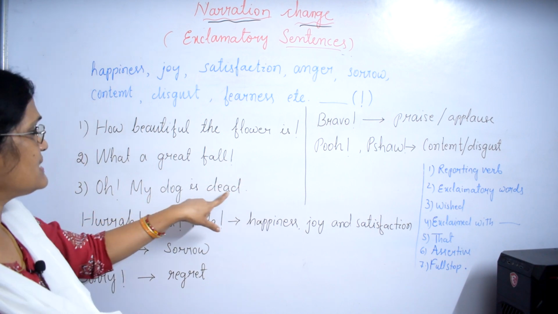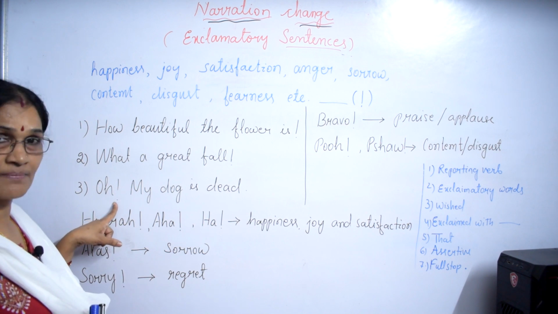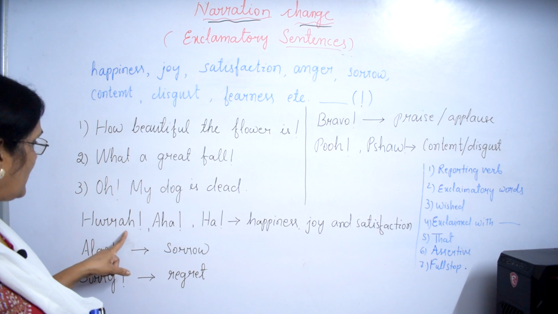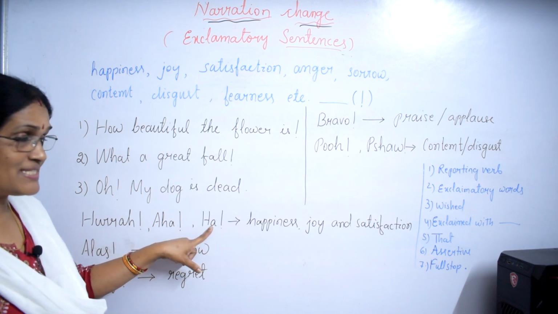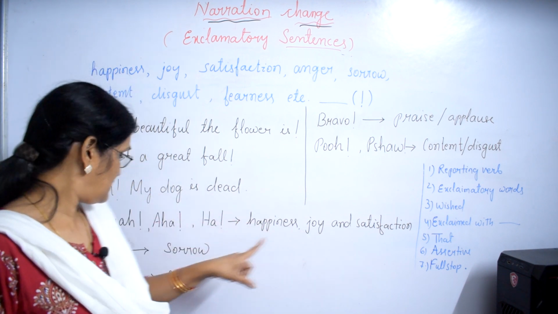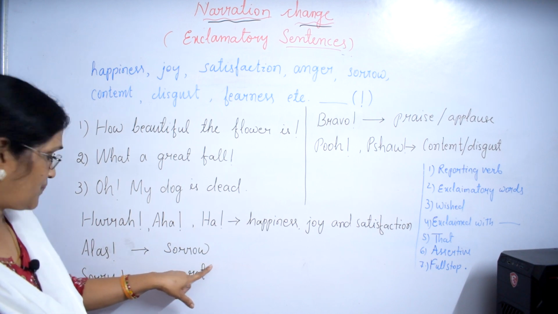Oh, my dog is dead! Here, just after the word oh, we put an exclamation symbol because this word expresses the feelings. Hooray, aha, ha! These are the words which express the feelings of happiness, joy and satisfaction. Alas! The word is used to express the feeling of sorrow.